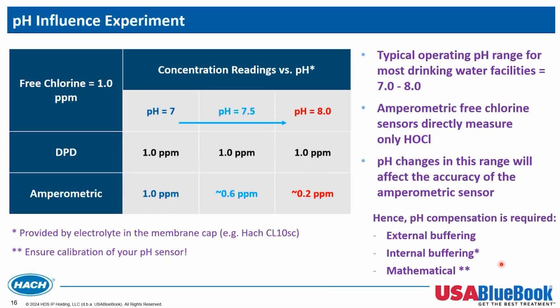Internal buffering is used in the CL10, for example. It's a highly potent electrolyte, which converts every OCl minus species into the HOCl inside the membrane cap, and therefore it provides the sensor with the right species to measure, increasing the accuracy. Or it can be mathematical compensation, as it is employed by the whole array of bare electrode amperometric sensors.